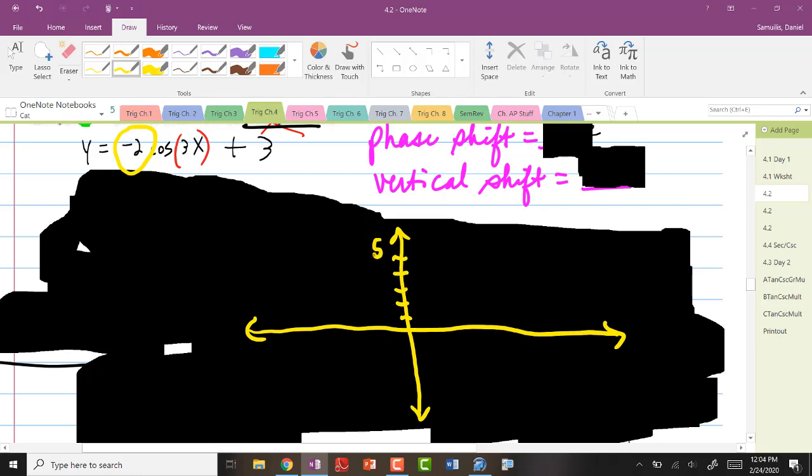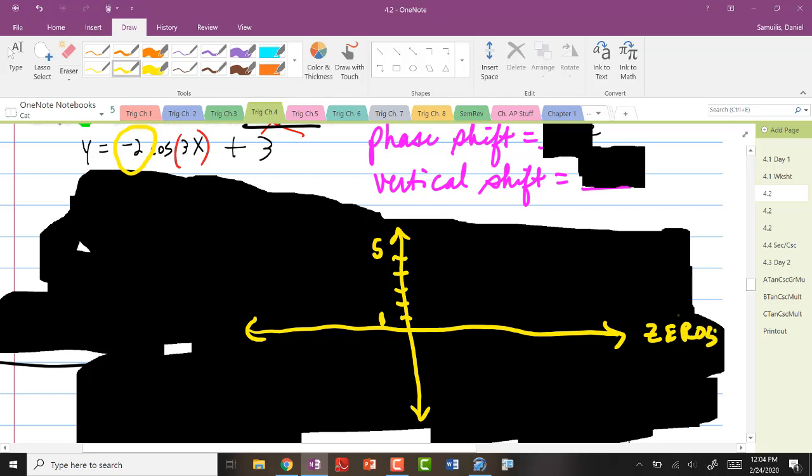This should not be rocket science. I should be able to just do this. And then negative 2 was the low point, but it gets moved up 3. So what is it now? 1. And then here's what I suggest you do. The x-axis, those were where the zeros were. This is where the zeros were located, but they get moved. Anyone? Anyone?